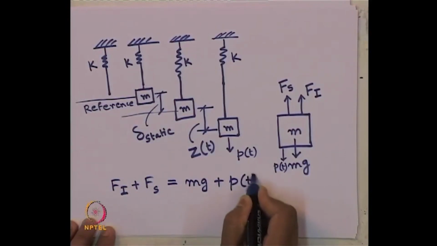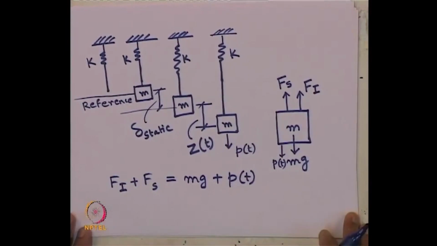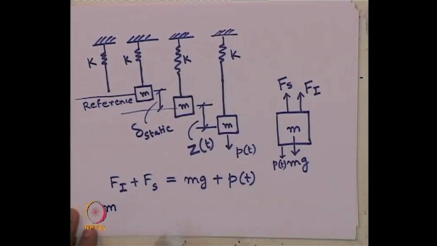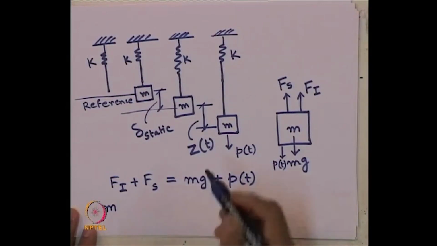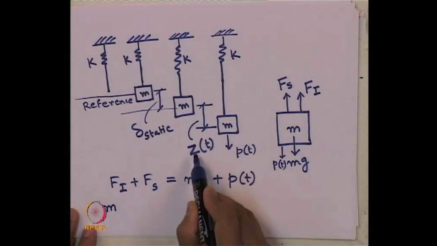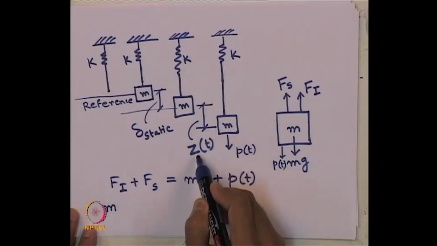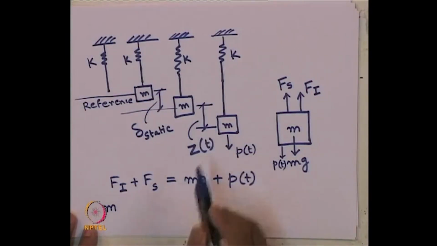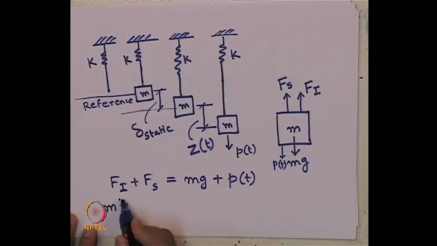Now, how much is our F I? F I is nothing but mass times the acceleration. How much is the acceleration? This is the dynamic displacement, so only this portion of the displacement we differentiate twice with respect to time. So F I is m z double dot.